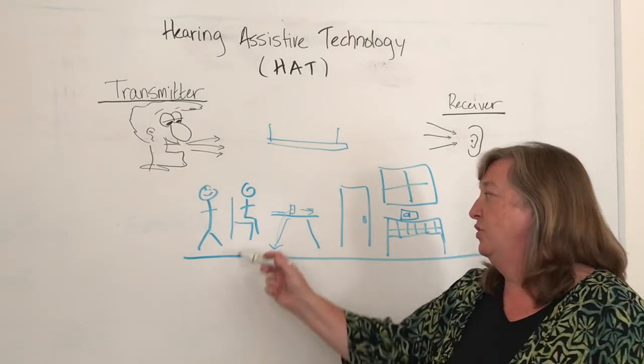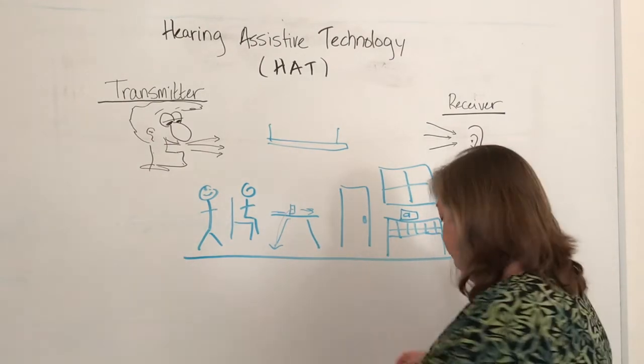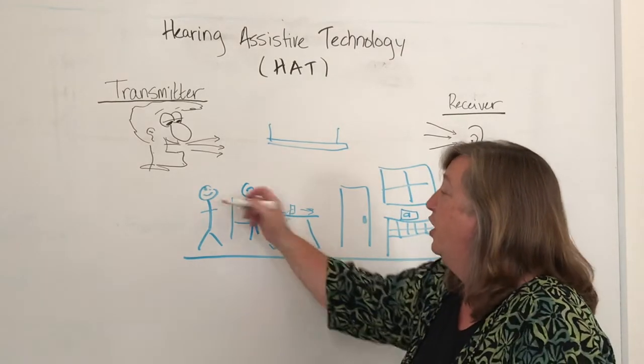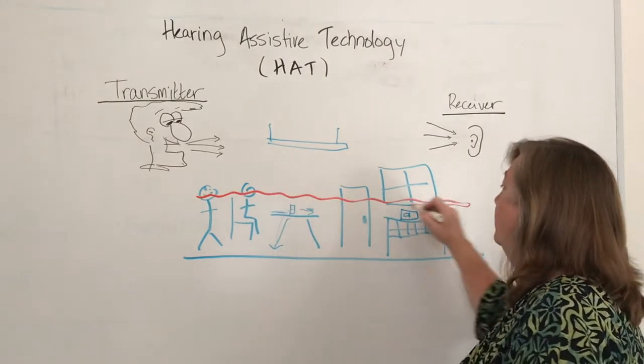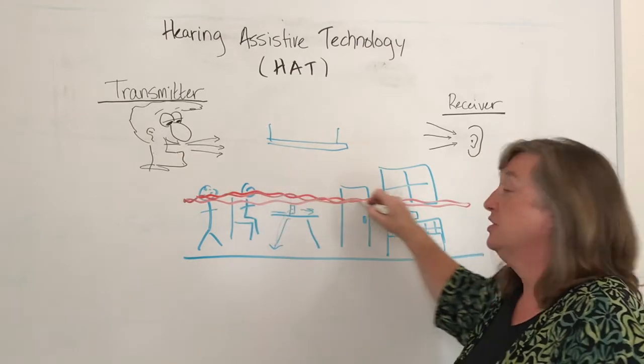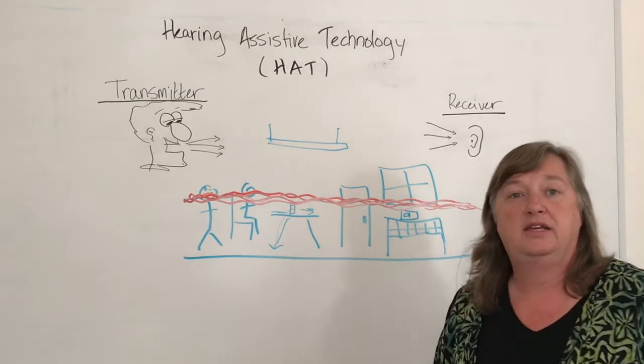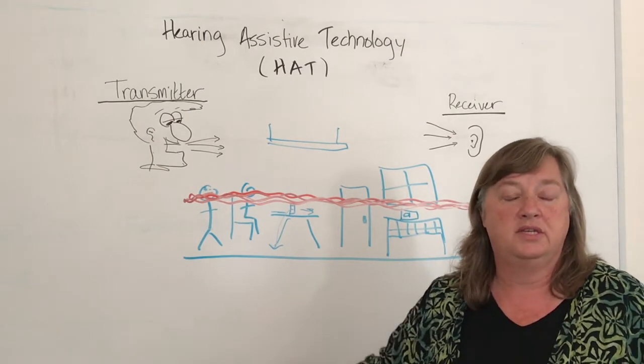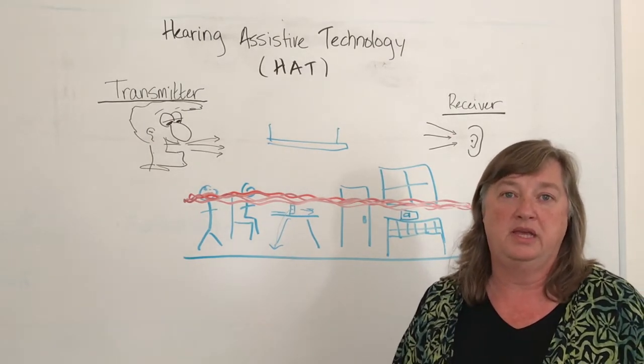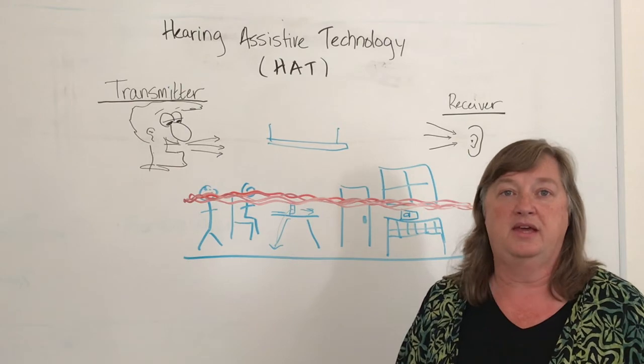So pretty soon, with all of these things, you have a whole lot of background noise, all that's going on, and your student with hearing loss is awash. They are sitting 1 foot away from somebody in a restaurant and they can't hear them.